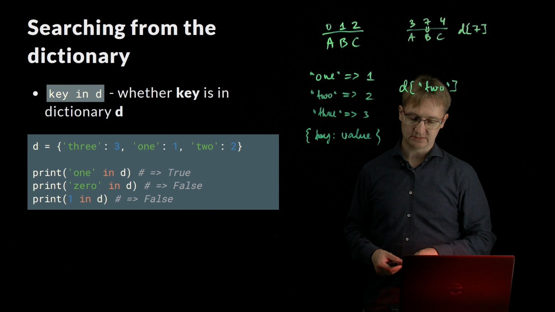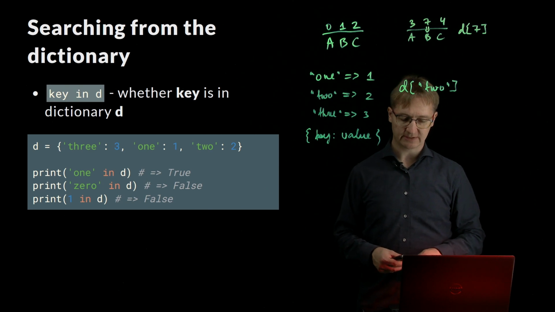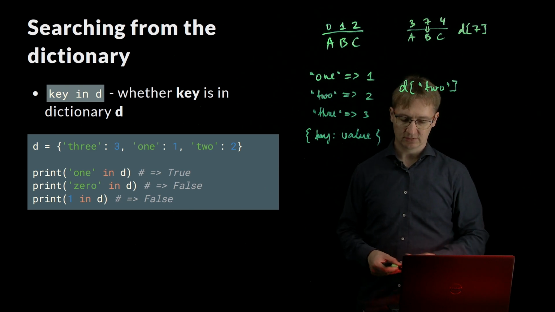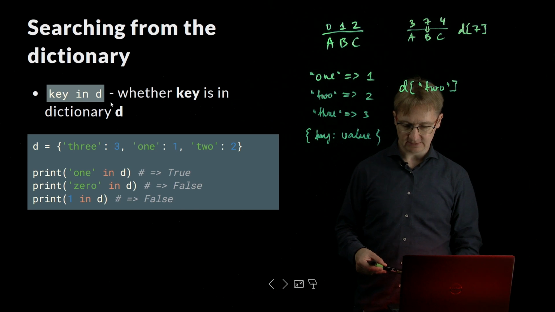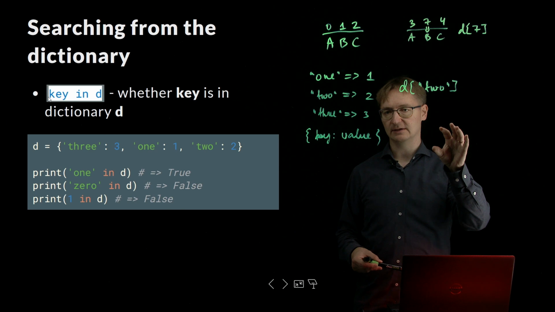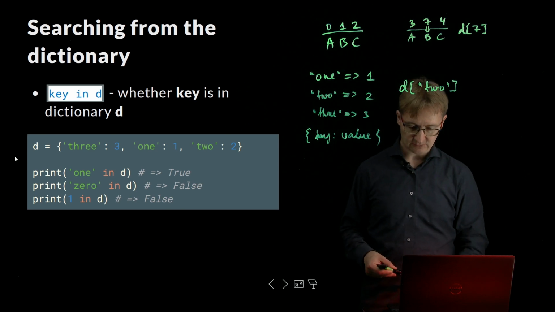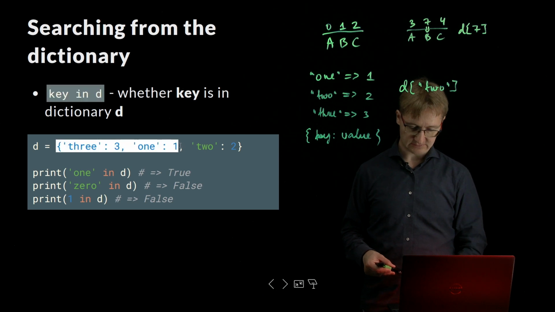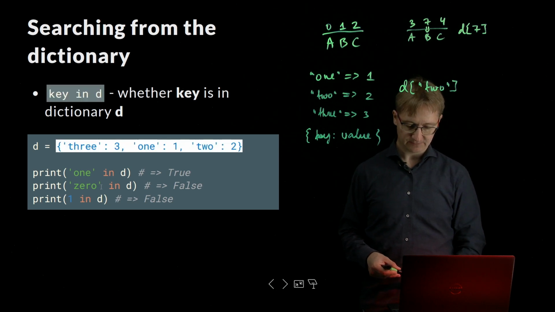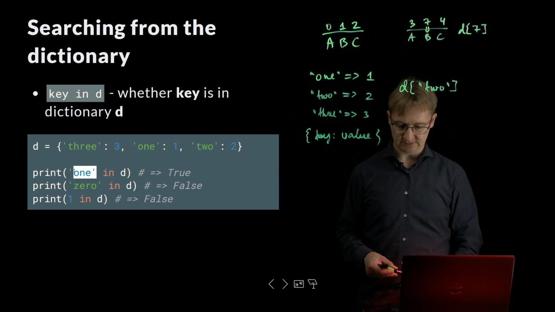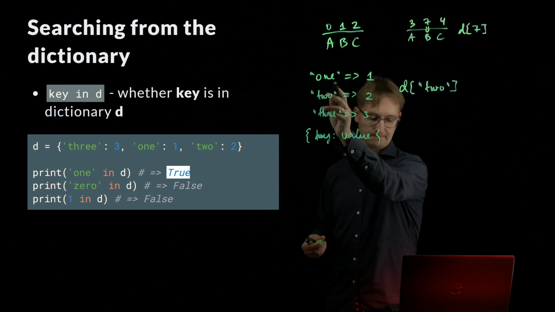We can search in the dictionary, and if we do key in D, or key in dictionary, we get the result whether this key is in the dictionary or not. So for example, if I have the same example dictionary here, and I ask whether 1 is in D, I get true, because we have a key 1.